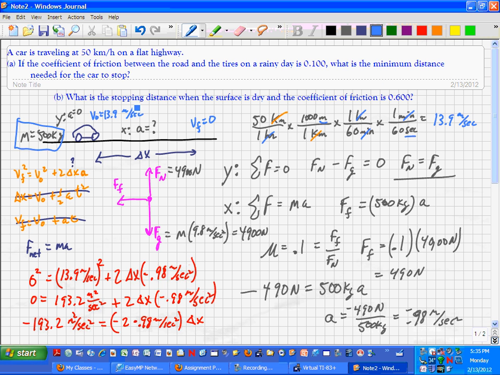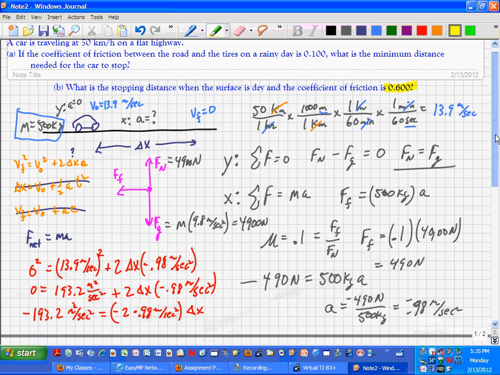Now I could go through this for 0.6. I'm not going to go through all those calculations.